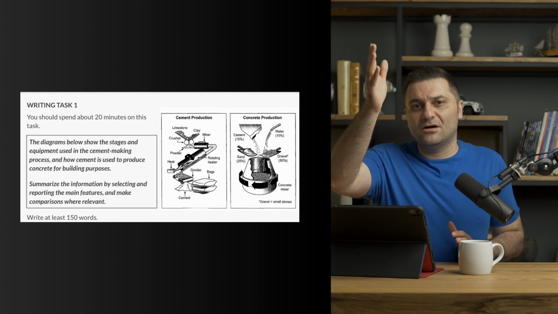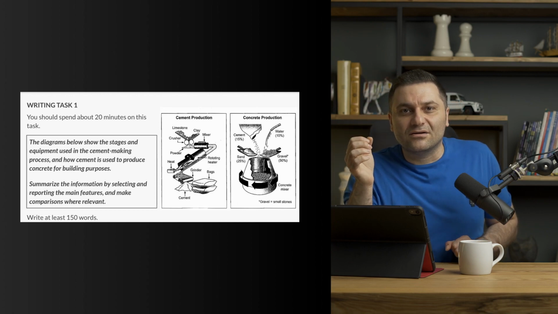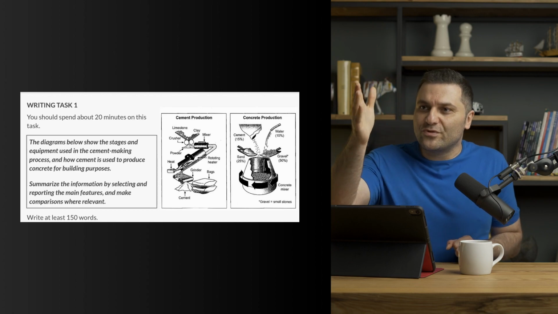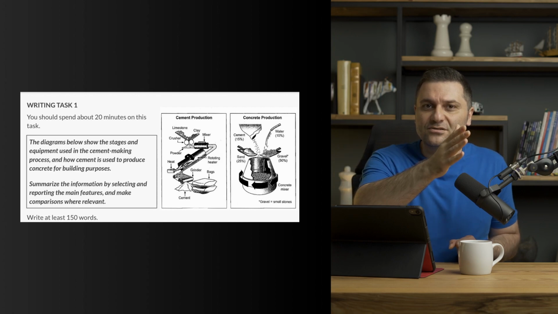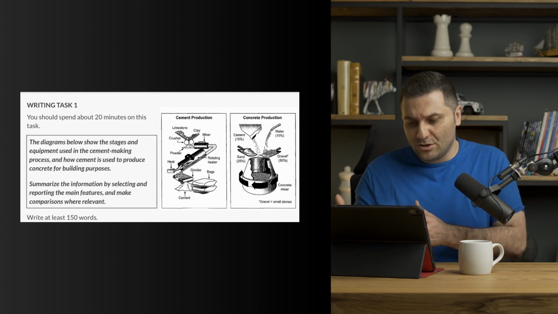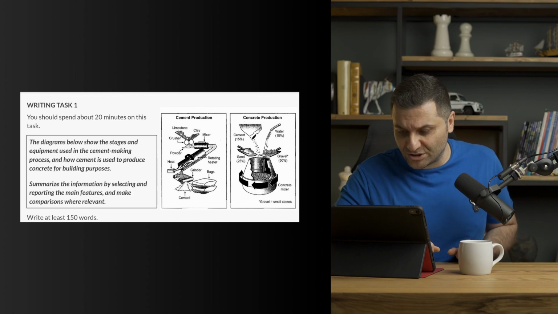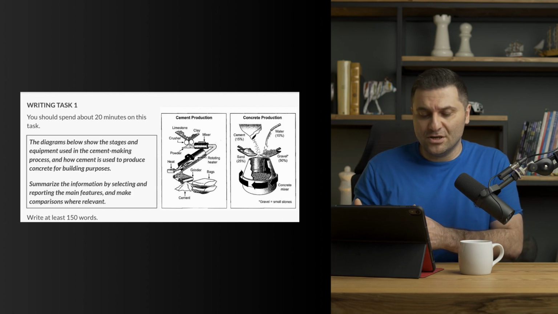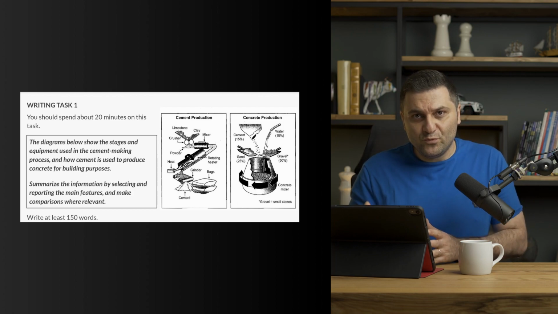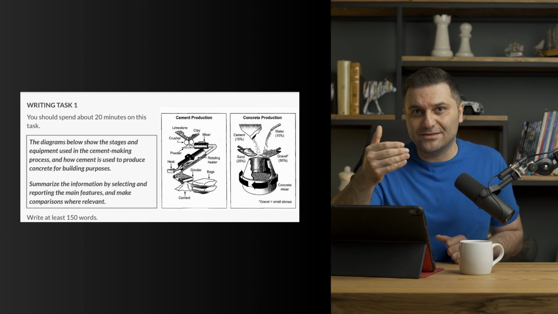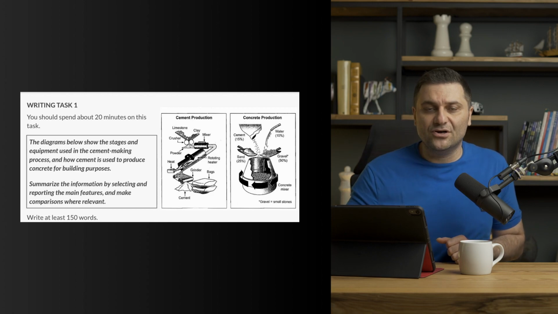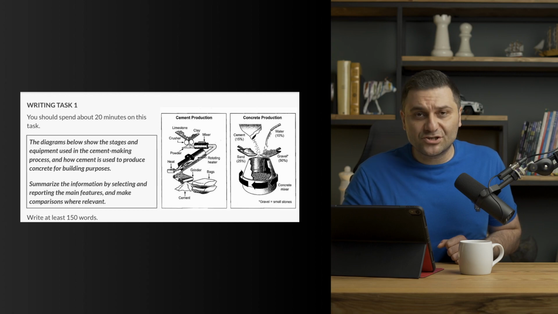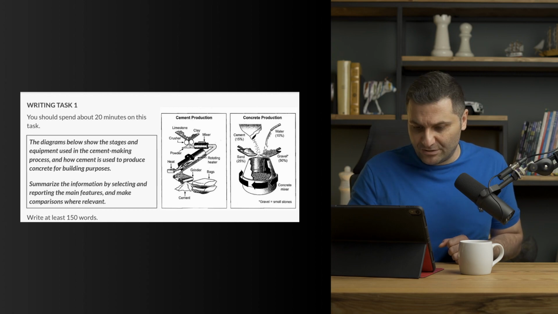In numbered processes, you just know the first step is this, and the second step is this, and the third step. But here again, as you see in the cement production and concrete production, we do not have any number, but we know how to write the stages of the production of cement and concrete, all right?